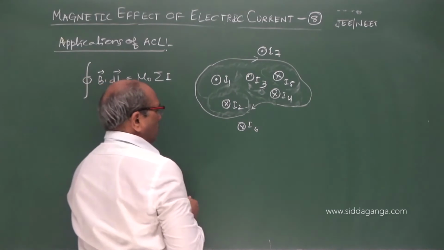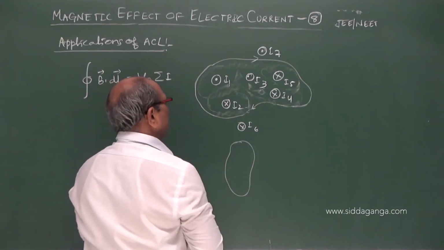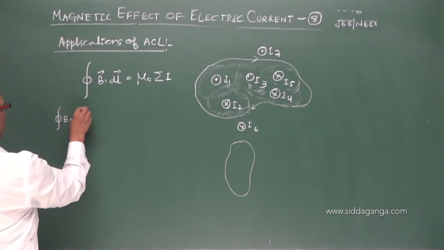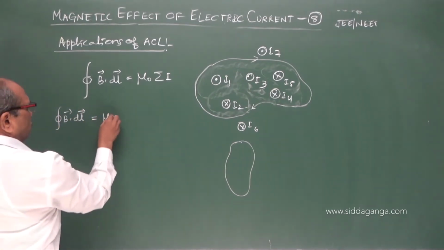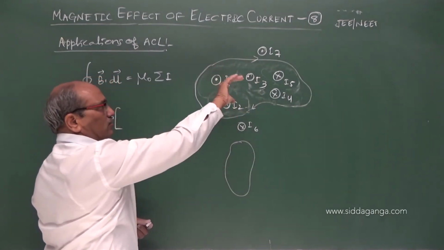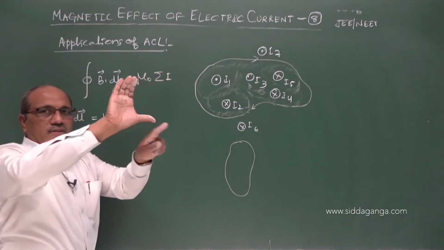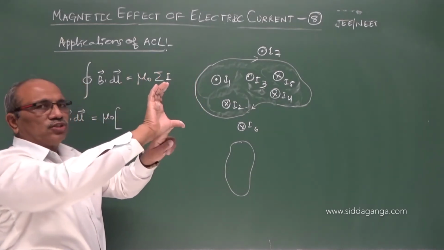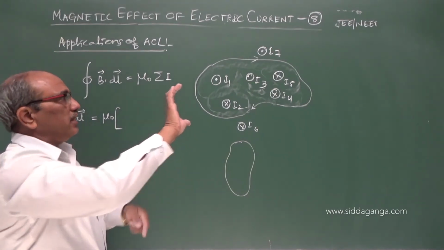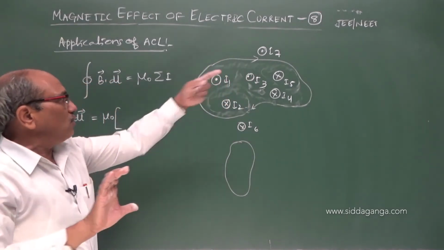I come to the next example. How much is this magnetic field, if asked? Mu naught into the sum of the currents. Now look at the threading: if your thumb points in the direction of current, then positive, if the threading follows the fingers. If it is opposite, take negative. Threading is clockwise into the board, but the current is out of the board.